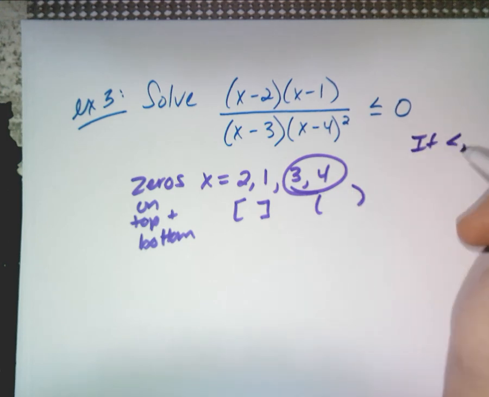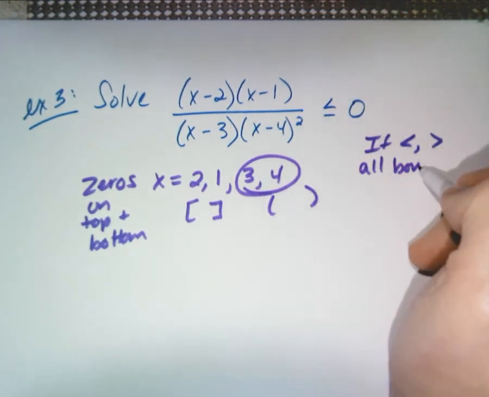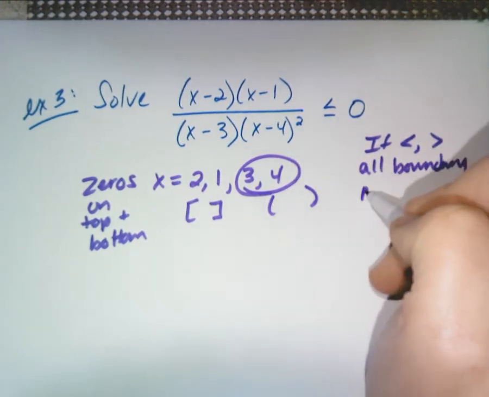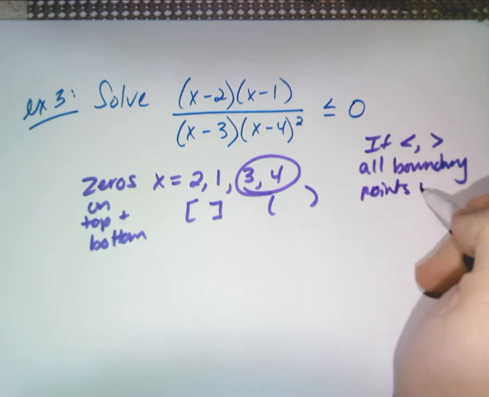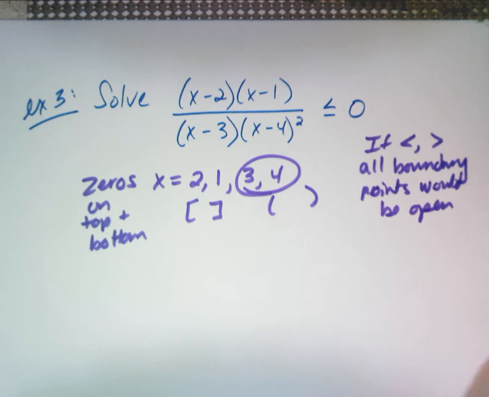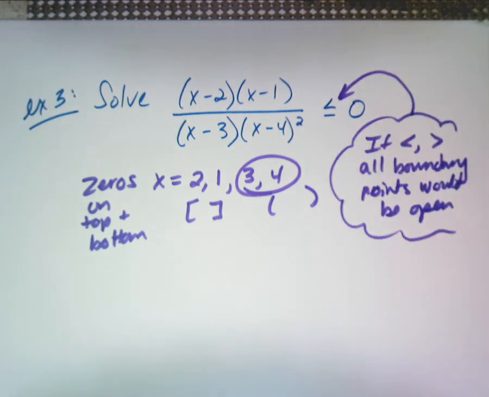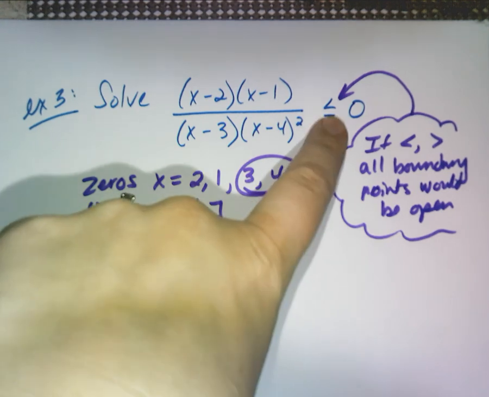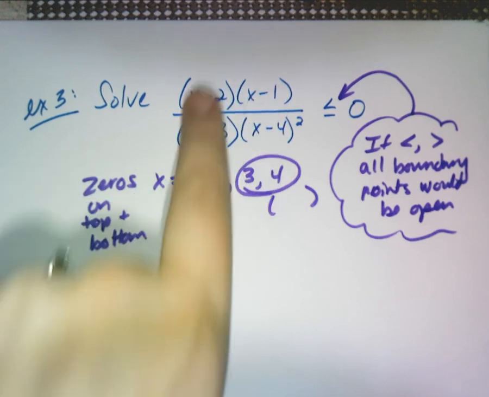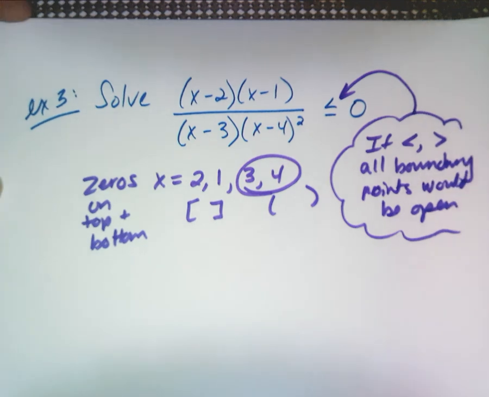If it was just less than, or greater than, then all boundary points would be open. But because it's a greater than or equal to, just the tops get bracketed, the bottoms get open. Okay, so that's the first thing I need to talk to you about. Some things just to remember.